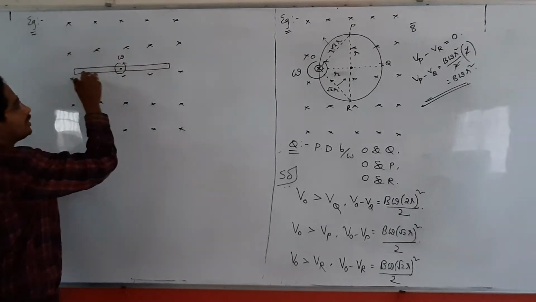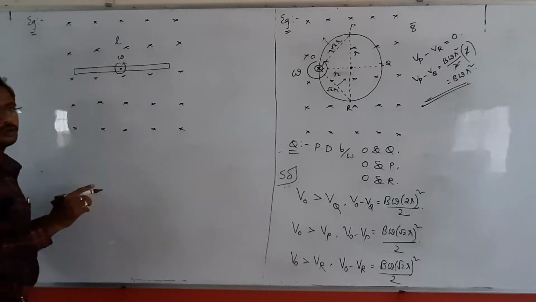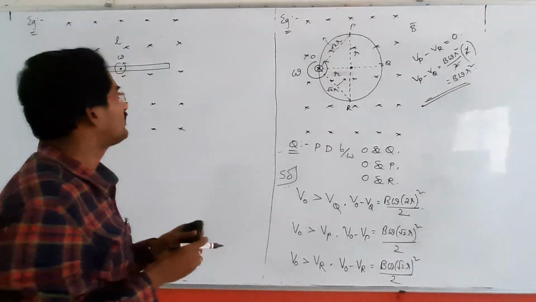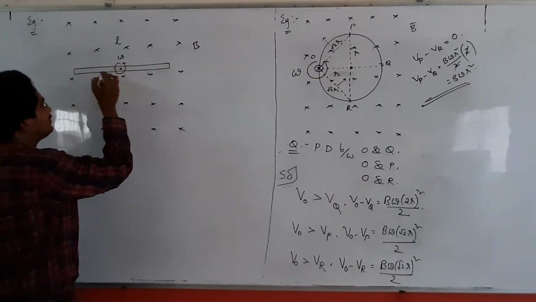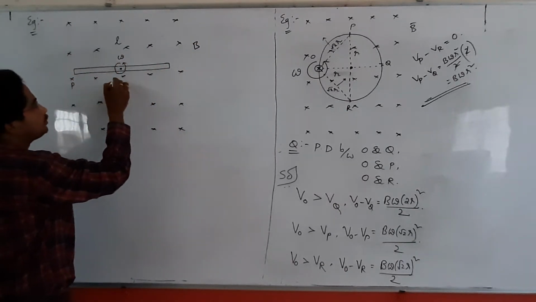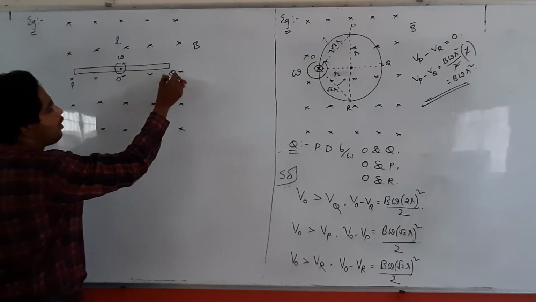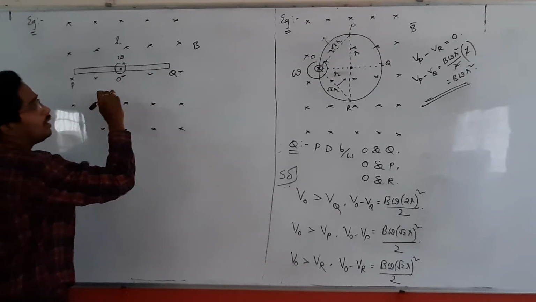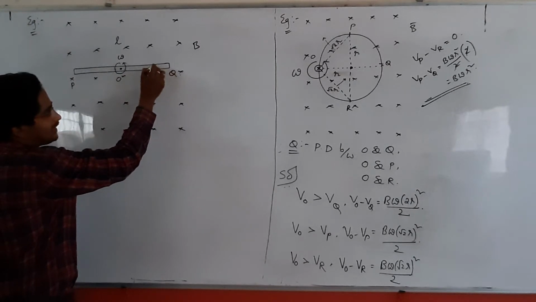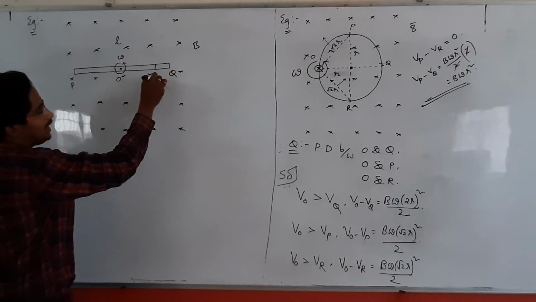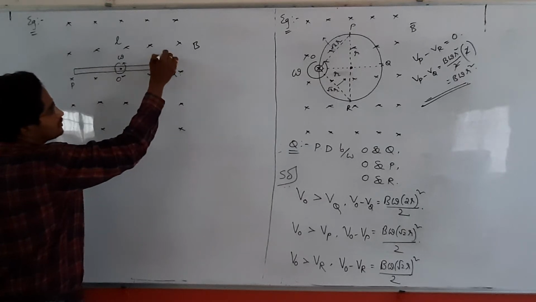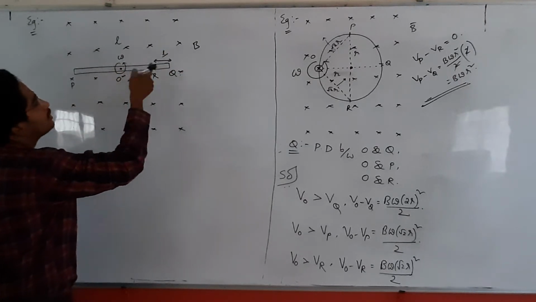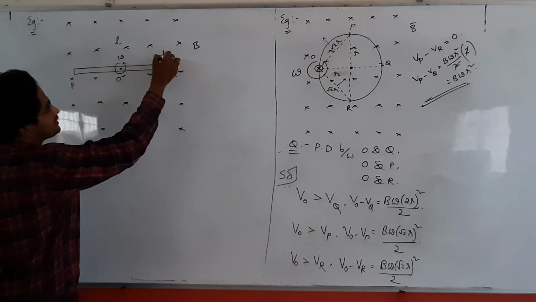So the total length is L. Field strength is B. And I am taking some points here. This is P, this is O, this is Q. And I am taking one more point here, at a distance of L by 6 from the end.